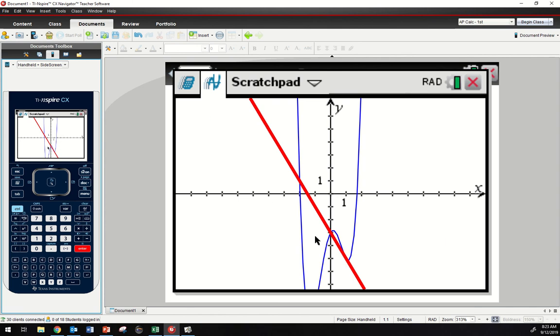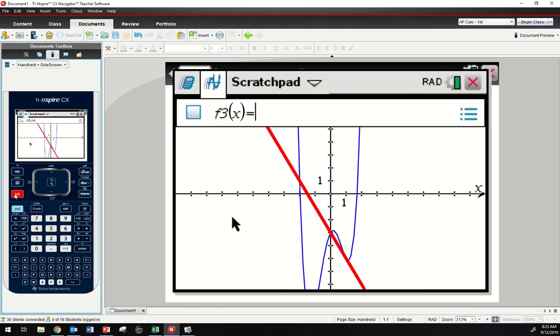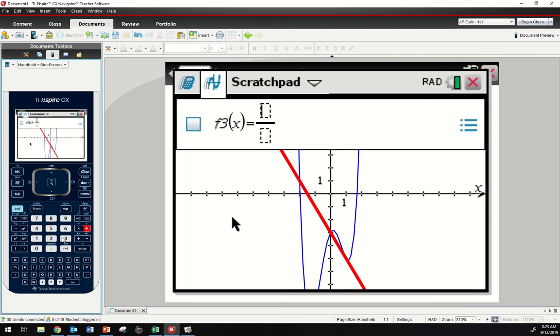And then the normal line, so hit tab again. The normal line would be 1/2 x minus 11/2, right?